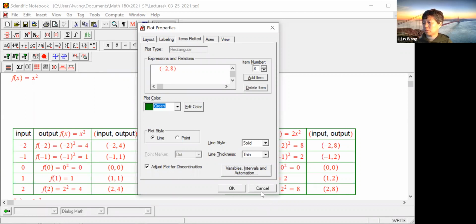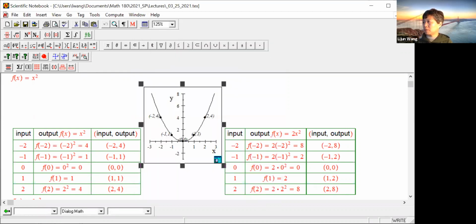There's a chat message. Hold on, let me check that chat message. Someone says horizontal stretch. Okay, we leave that question there.